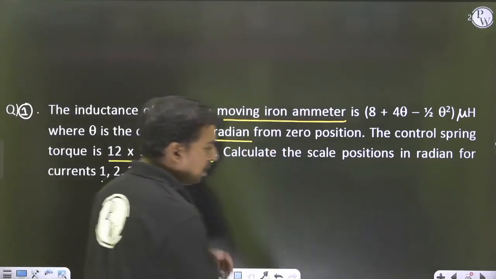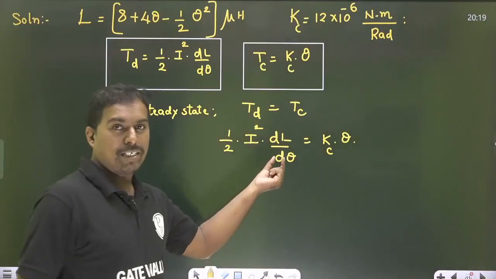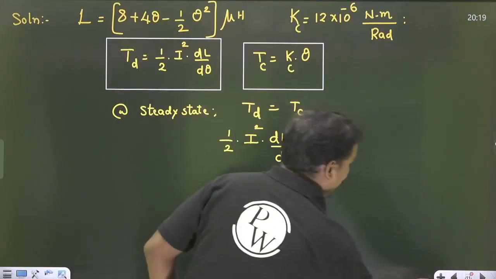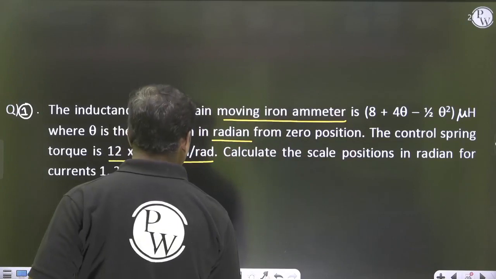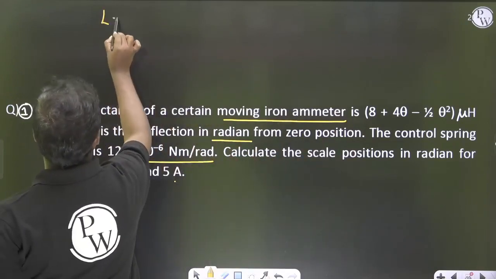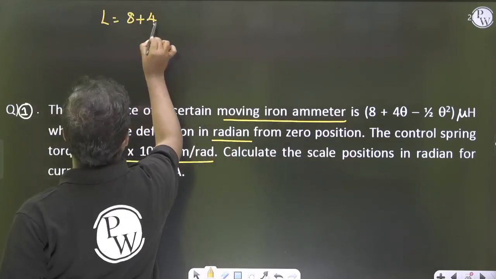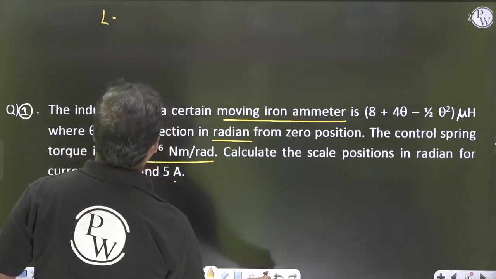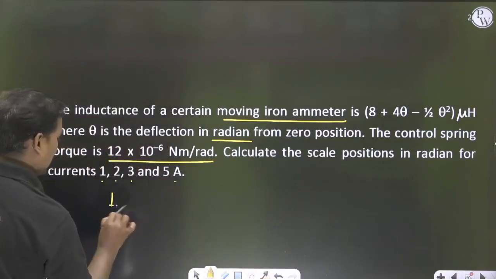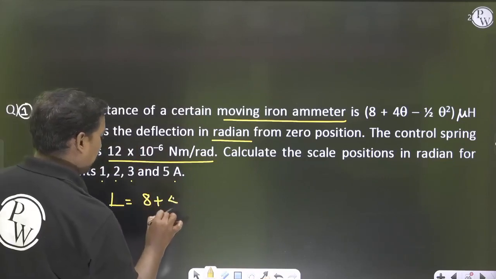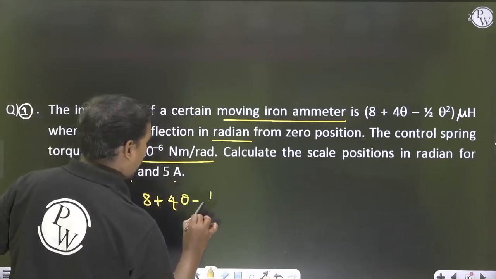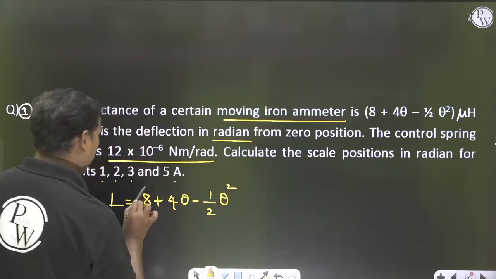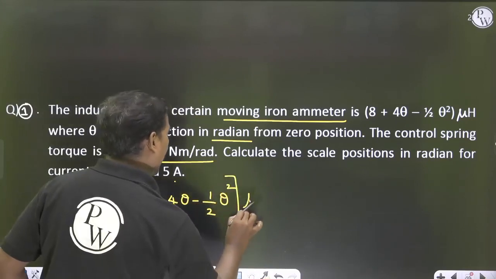To solve this question, we need to know dL by d theta. So L is equal to 8 plus 4 theta minus 1 by 2 theta square microhenry.